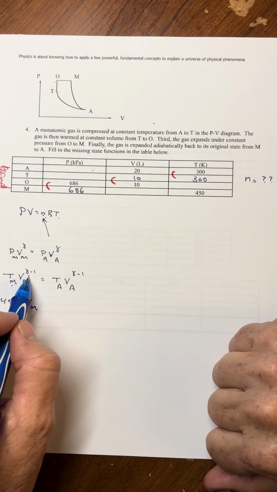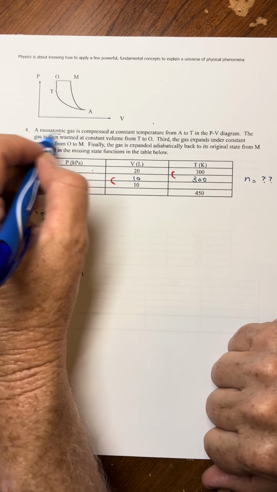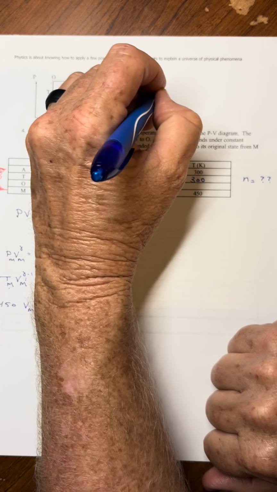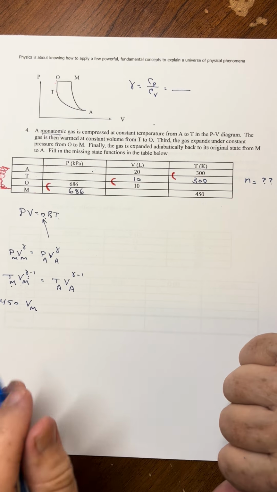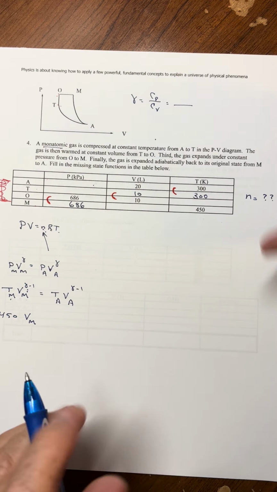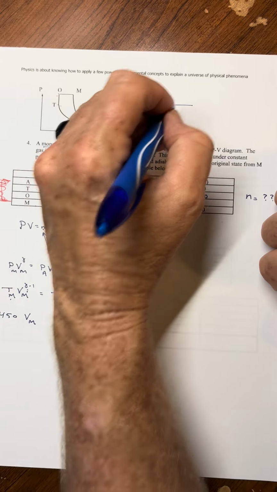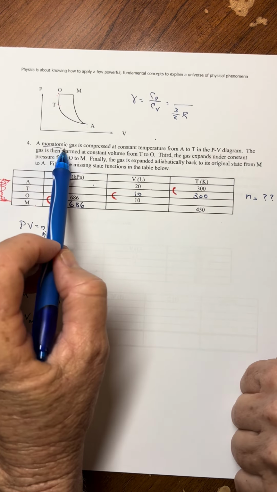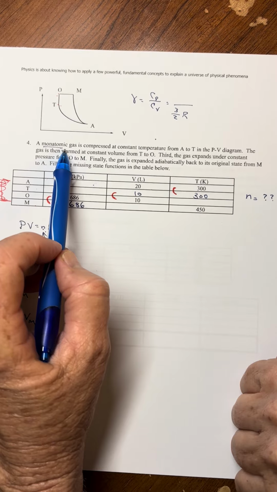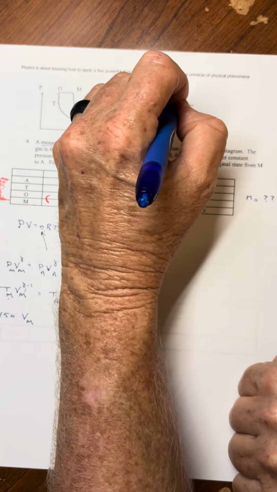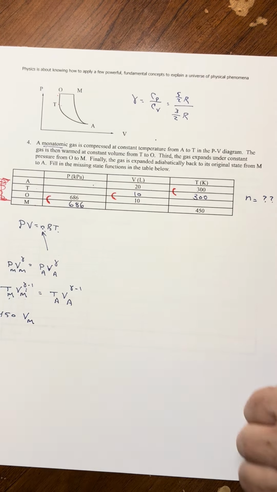I do need to get gamma, and remember it says monoatomic. So gamma is Cp over Cv. And remember, I always like to talk about Cv. Cv is the number of degrees of freedom over 2 times R. So there's only 3 degrees of freedom for a monoatomic gas. And then Cp is 1 R above that. So if I add an R to it, I get 5 over 2.